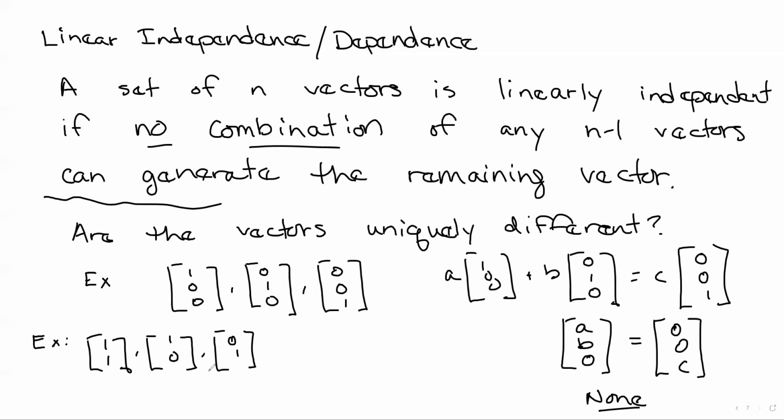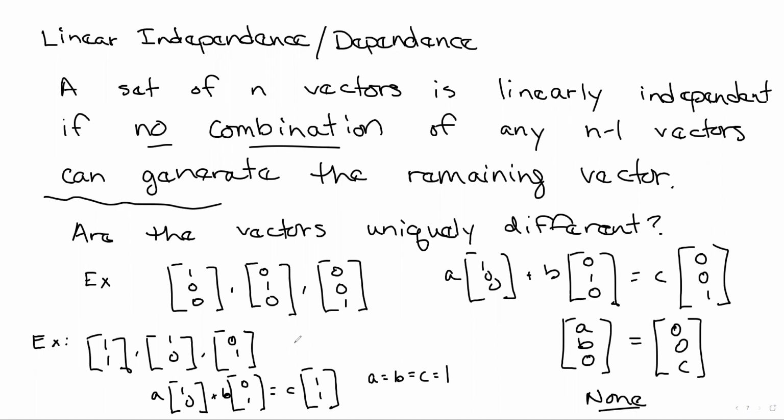We could use combinations of these two to get the remaining one. What would that look like? Well, a times 1, 0 plus b times 0, 1 equals, oops, there should be a c in there, equals c times 1, 1. Then all it takes is a equals b equals c equals 1, and these would be equal, right?